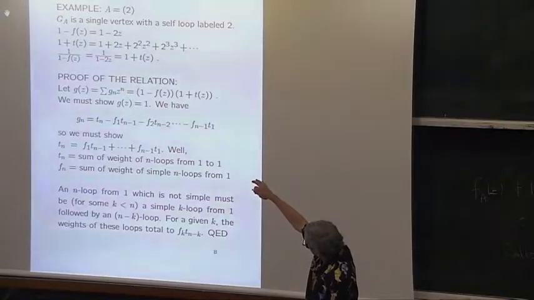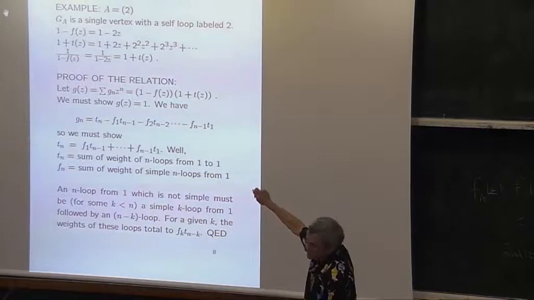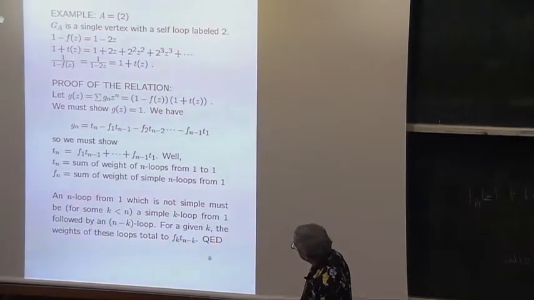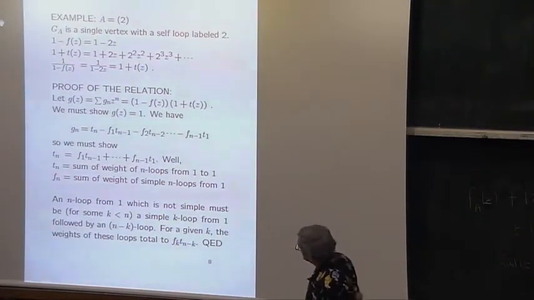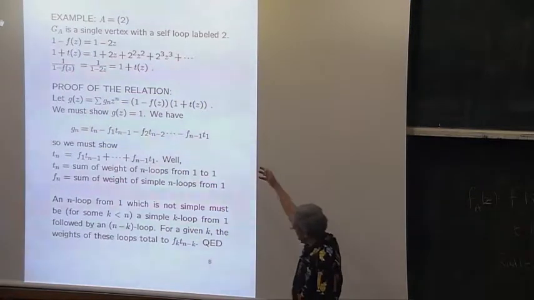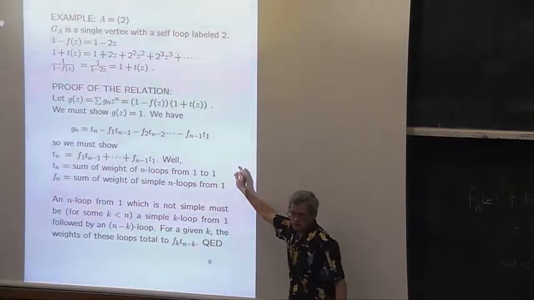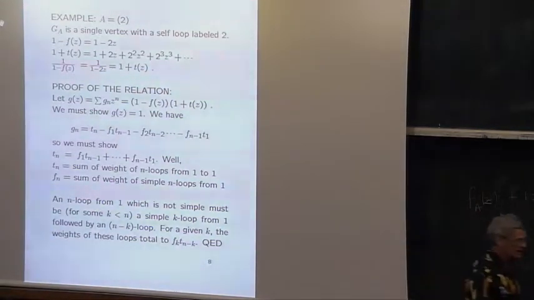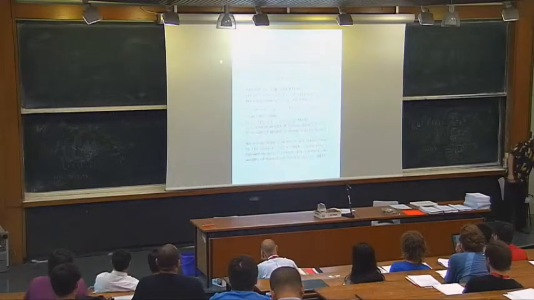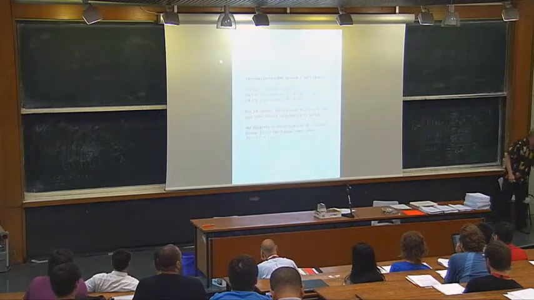Well, we can write what 1 plus t of z is and check this functional relation. For the proof of this relation, it comes down to just establishing a recursion formula for the coefficients. This is not difficult. I'm going to skip it just because we have only so much time.